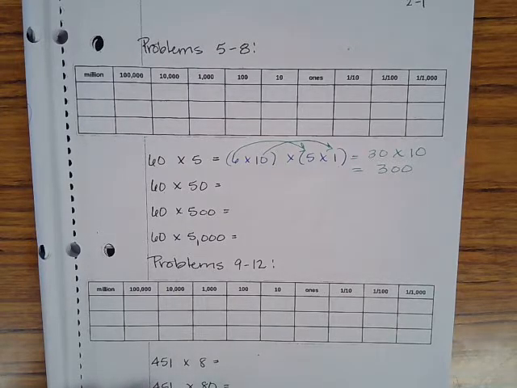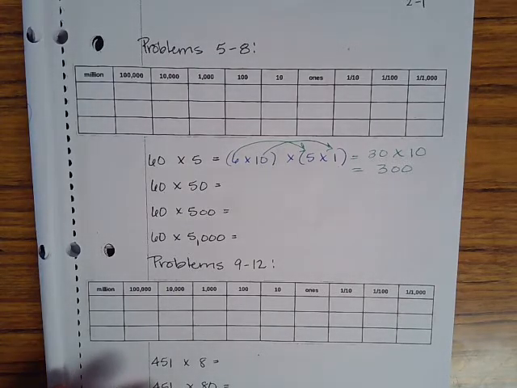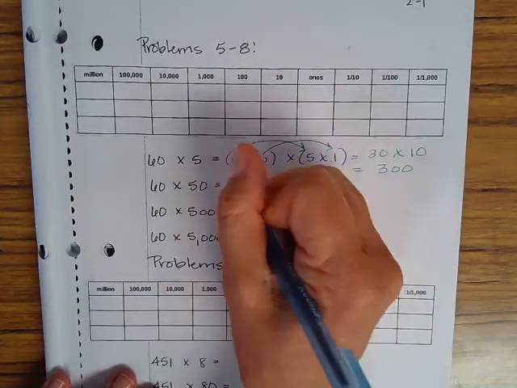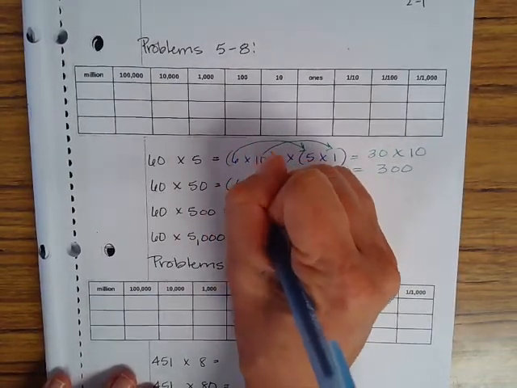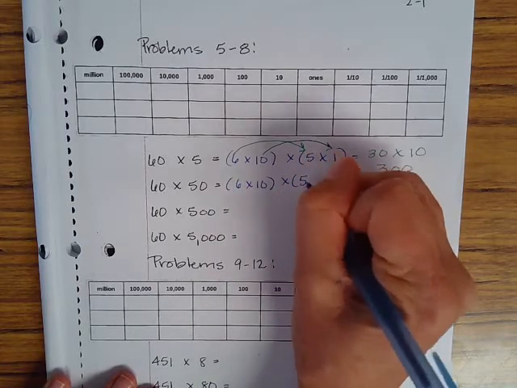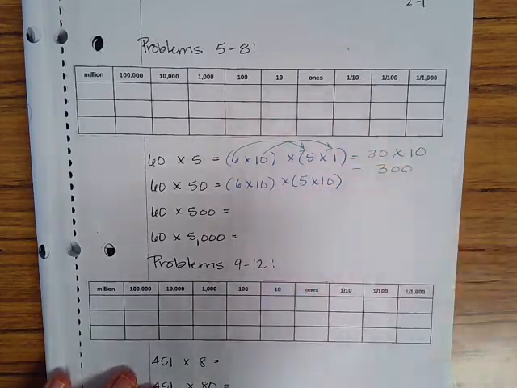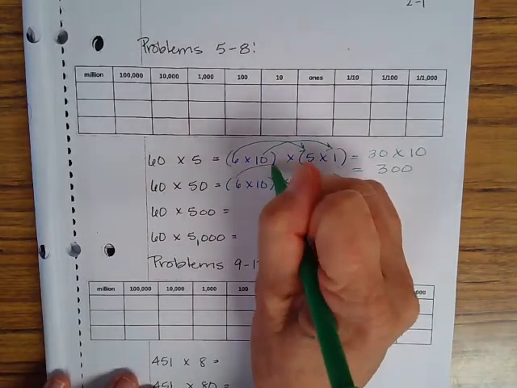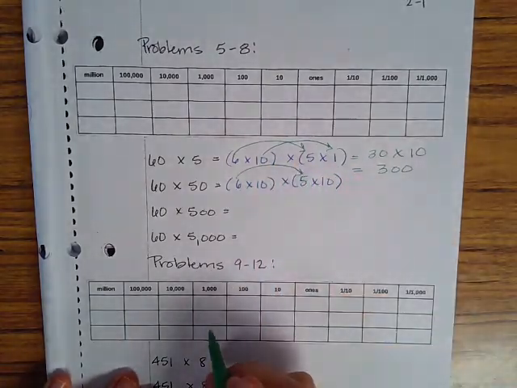All right, let's do number 6. So 60 times 50. So let's go 6 times 10 times 5 times 10. Now we're going to distribute. First number times first number.